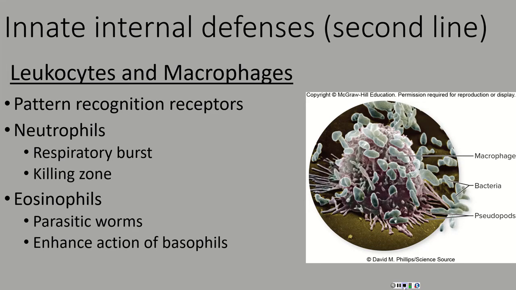They have receptors on their cell surface, these leukocytes and macrophages. And these receptors are constantly looking for these patterns. So the way your immune system works is these cells, these parts of your immune system, are constantly bumping up against every surface of your body. Every cell in your body, both your own and anything that might have made its way in.